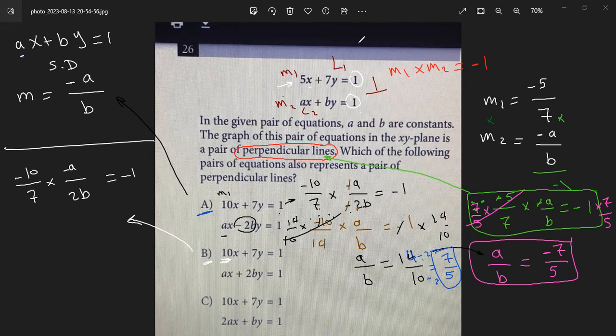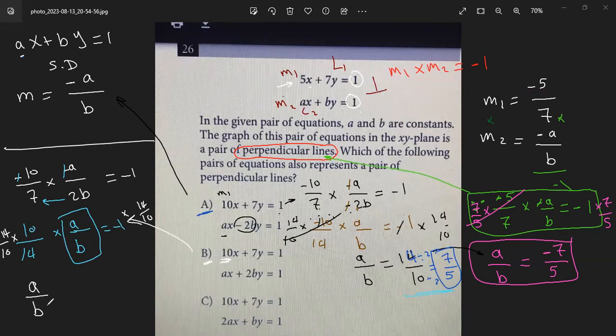Negative times negative is positive, so we have 10 over 14 times A over B. Our target ratio equals negative 1 times the reciprocal, 14 over 10, on both sides.